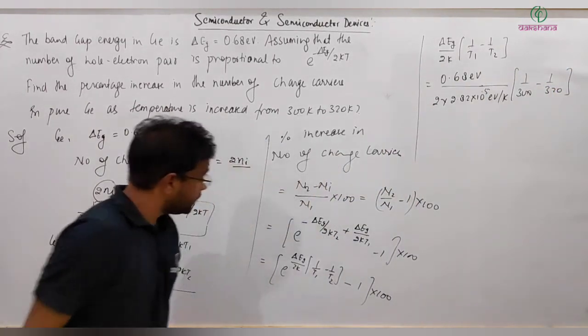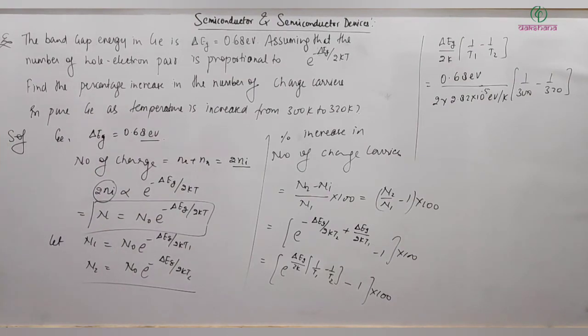Here I'm substituting directly the value of k, the Boltzmann constant, in electron volt.